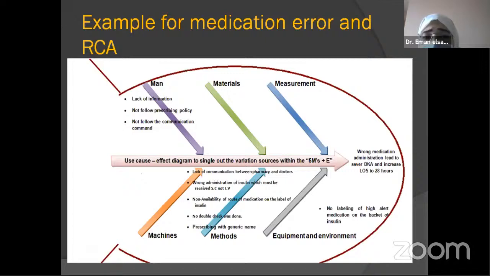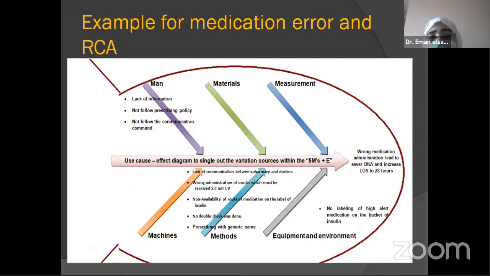There are a lot of problems that happened, from a lot of categories that affected the process, and we try to discover the problem by collecting the data and defining the problem, and after that making a fishbone and a deep RCA to investigate, collecting all data and trying to solve this.